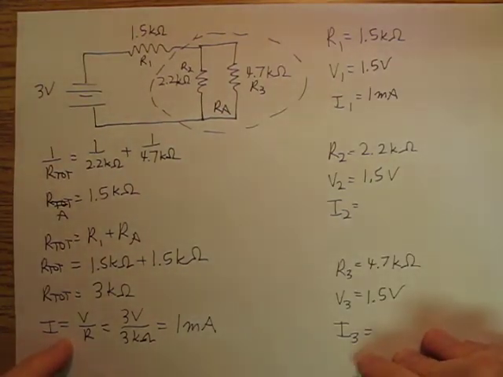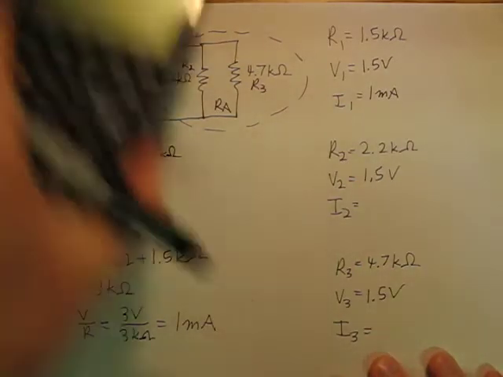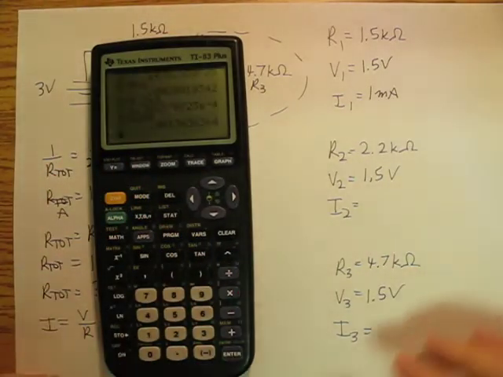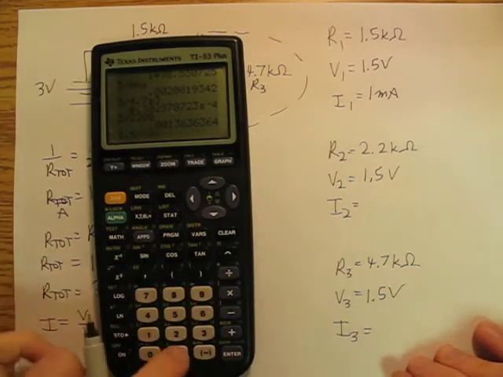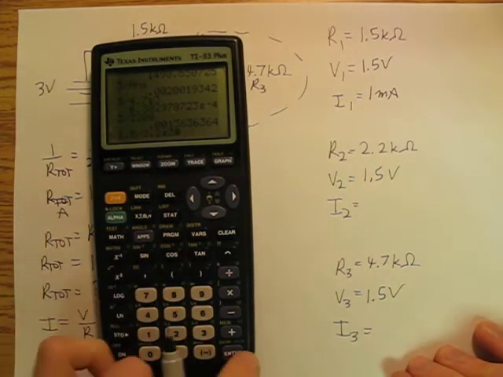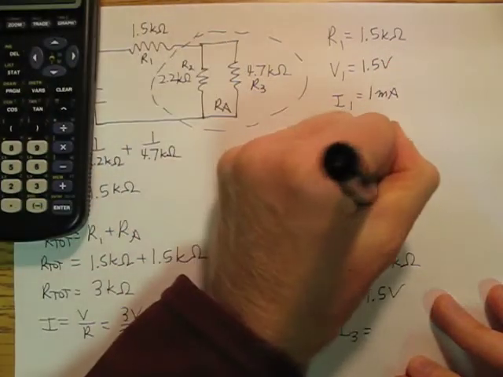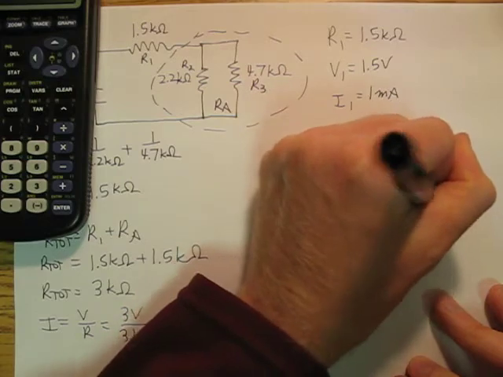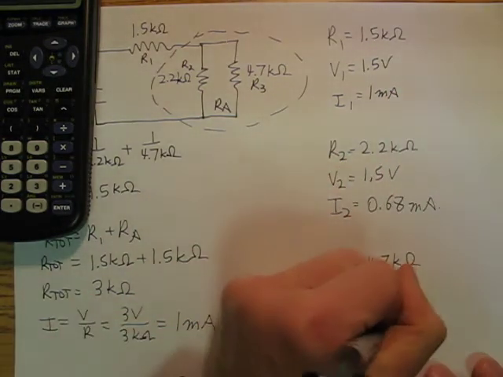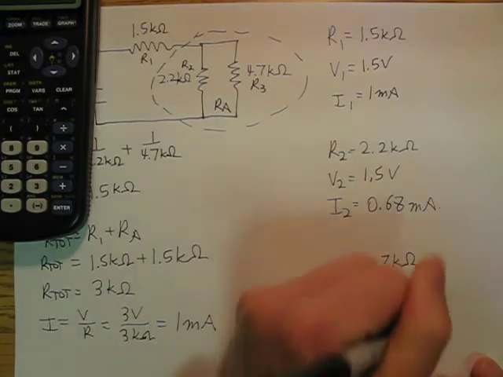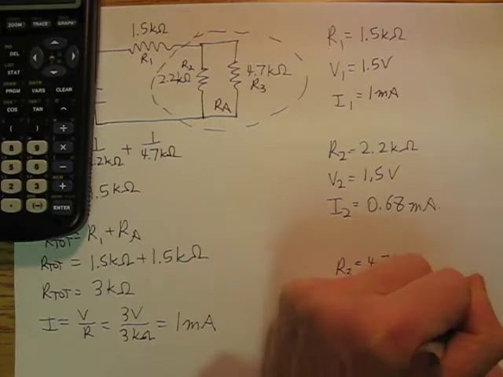Now we use I equals V over R. I'm going fast because we've already done the development of the thought. For the 2.2 kilo ohm resistor, I'm going to get 0.68 milliamps. And this one is going to be 1 milliamp minus 0.68, so I should get 0.32 milliamps.